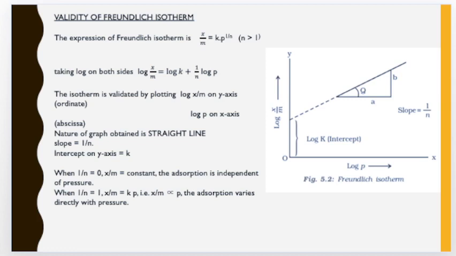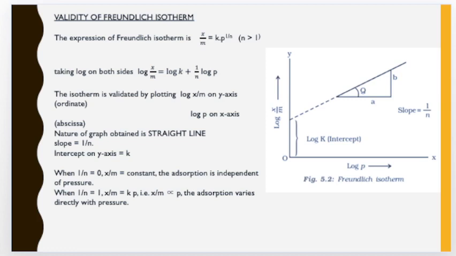And if we take the value of 1 by n equal to 1, that means x by m will be equal to k p. In that case, it means that the amount of gas adsorbed by the adsorbent will be directly proportional to the pressure, and the adsorption will vary if we increase or decrease the pressure.